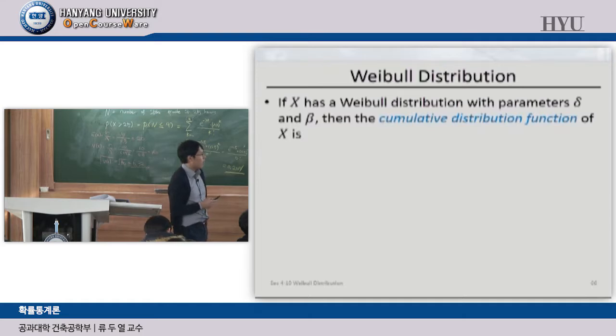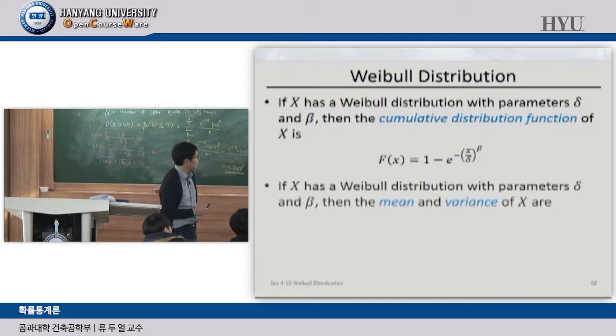If X has a Weibull distribution with parameters delta and beta, then the cumulative distribution function of X is given by this equation. F(x) is equal to 1 minus e to the minus (x over delta) to the beta power. And the mean and variance of X are given by these equations.